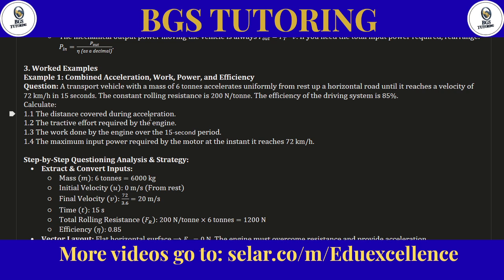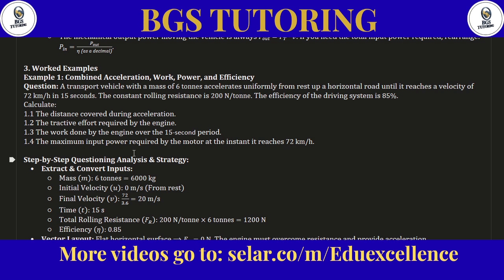They ask you to calculate the distance covered during the acceleration, the tractive effort and the work done by the engine over the 15-second period, and the maximum input power that is required by the motor at the instant it reaches 72 kilometers per hour. Alright, so that is the question.